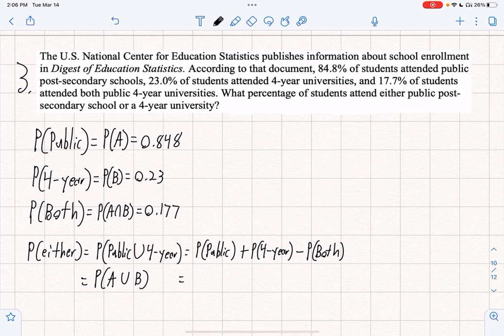Using our alternate notation, this would be the probability of A plus the probability of B minus the probability of A and B.